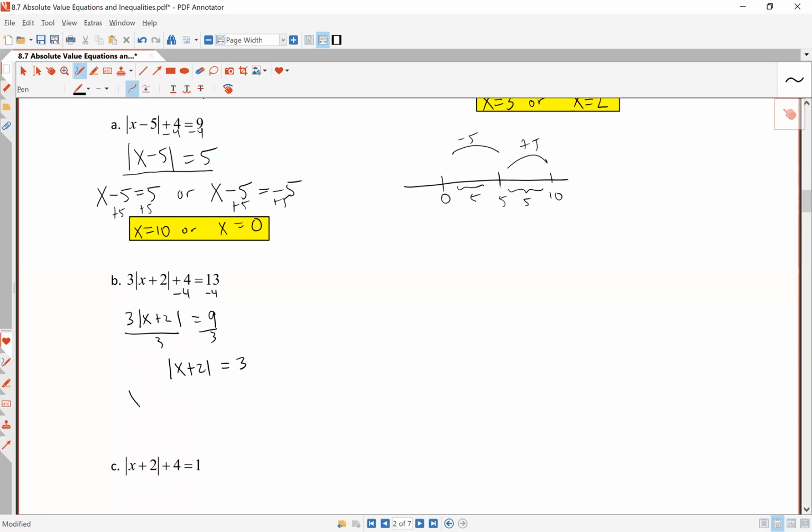So we apply the process: drop the absolute value bars, keep it the same, or drop the absolute value bars and take the opposite. Both of these are solved by subtracting 2 from both sides, and we get x equals 1, or we get x is negative 5.